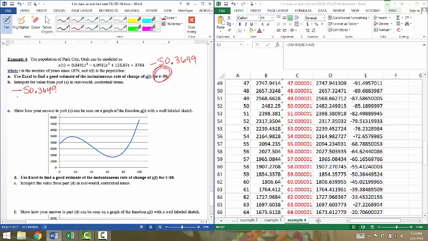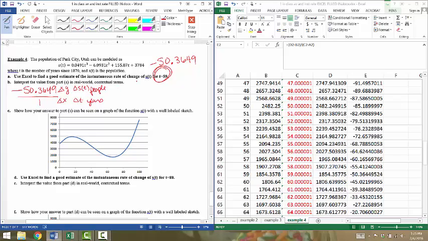It's a fraction, change in y over change in x, right? In this case, we don't have y's and x's, we have s's and t's. So it's change in s of t divided by change in t. The numerator is people, population, and the denominator is years.